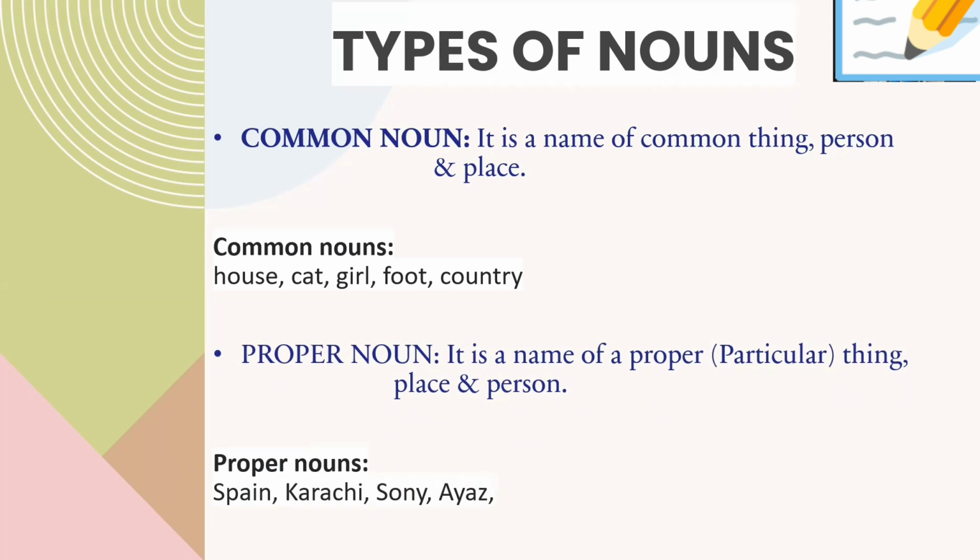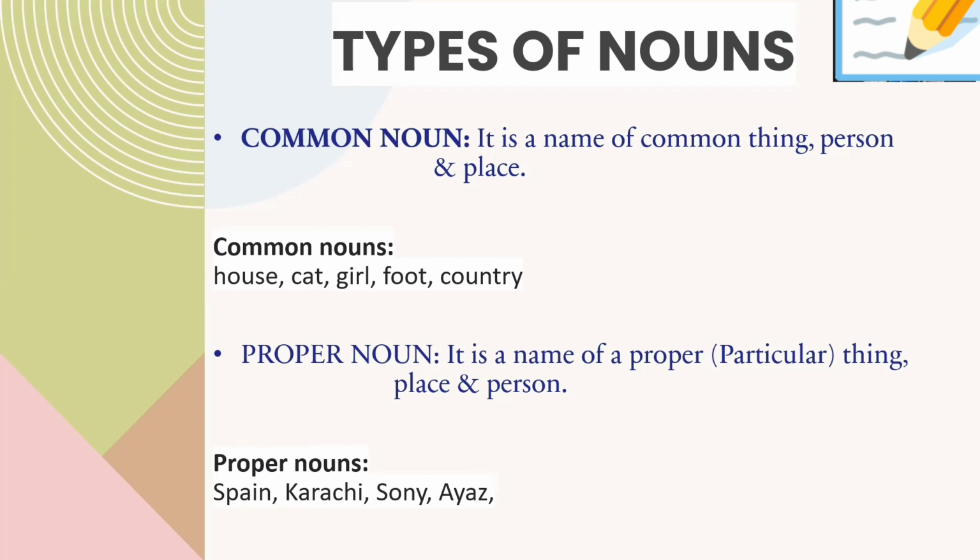That's why we call them proper nouns. So a noun is a naming word, a name of anything, and a common noun means the name of common things, people, places, which are common. And proper nouns are names of particular things, places, and persons. I hope you have understood these two types of noun.